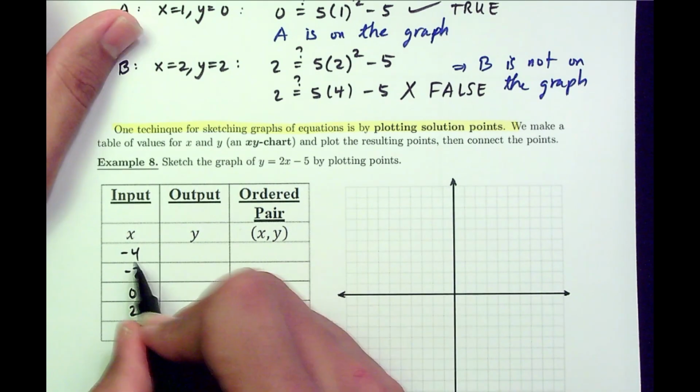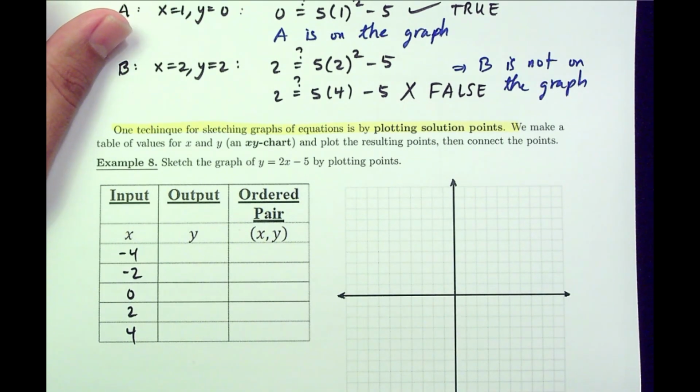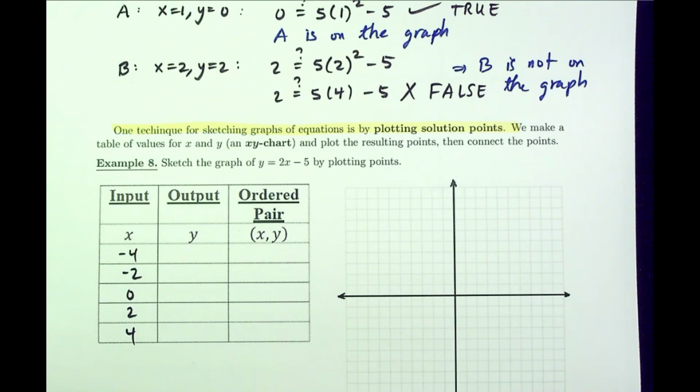All right. If x equals -4, and you plug that in there, that means 2 times -4, that's -8, minus 5 is -13. So you see -13 is a little too big.